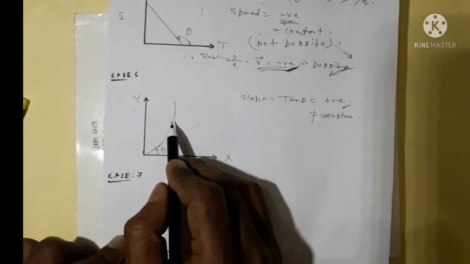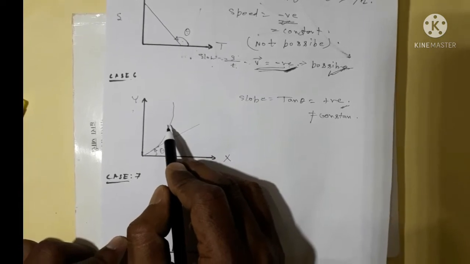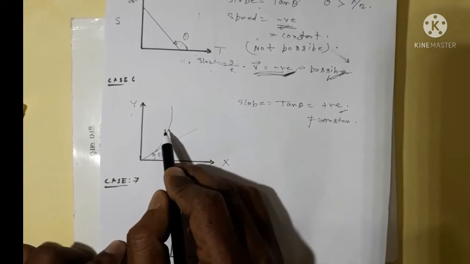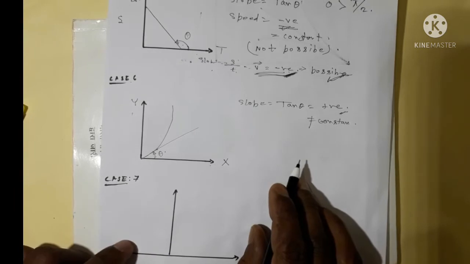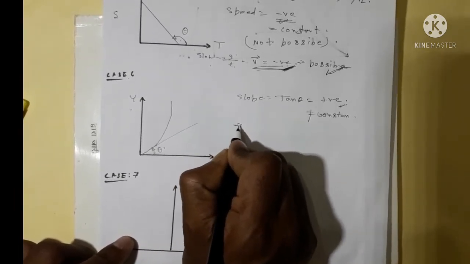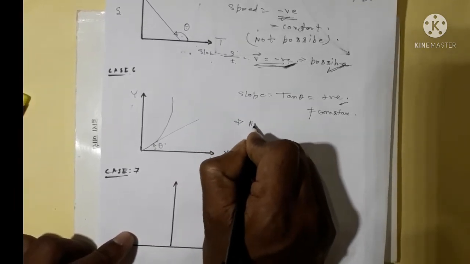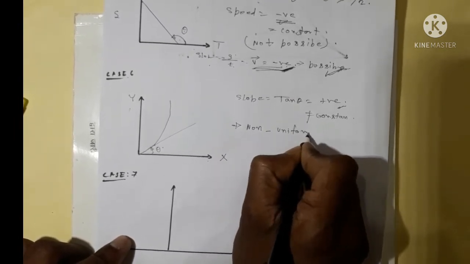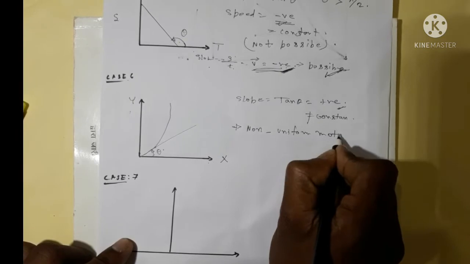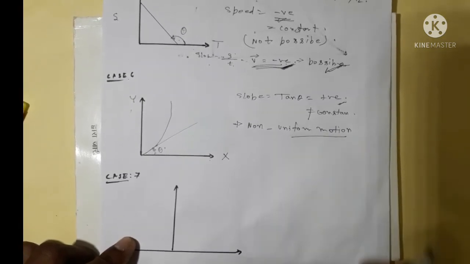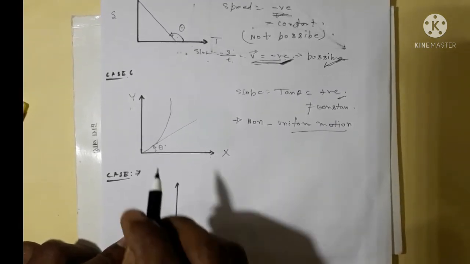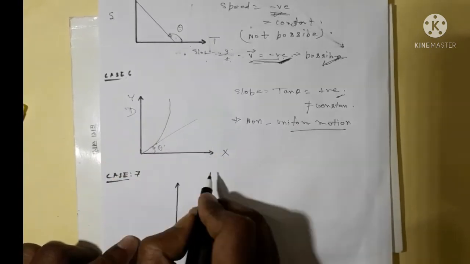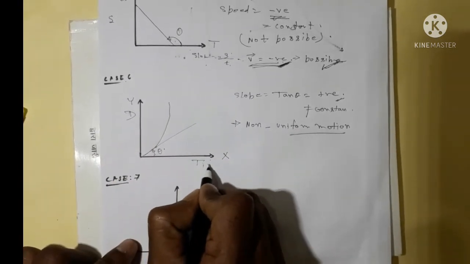So this is non-linear. This type of graph is known as non-uniform motion. Here the y-axis represents distance and the x-axis represents time.